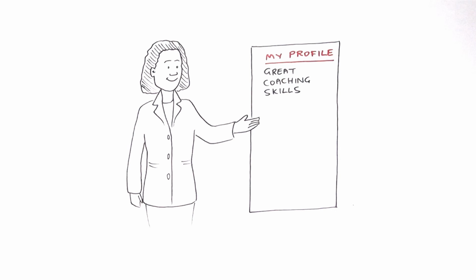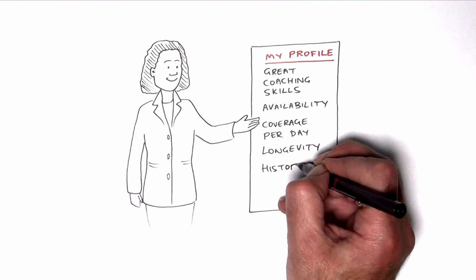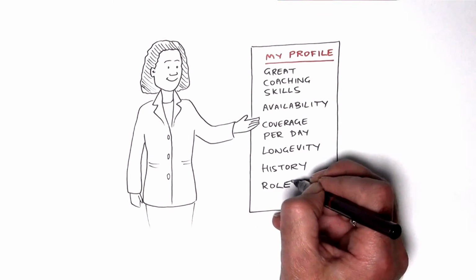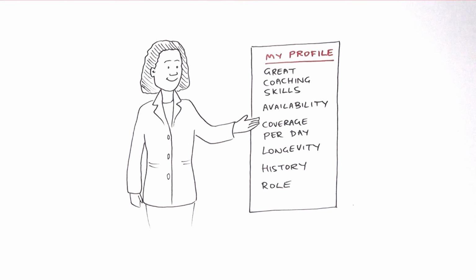We also need to consider, though, their availability, how frequently we could take them out of the business and get them around the teams, their coverage, how mobile they are and how many people they can actually get to speak to on a daily basis, their longevity, their history, their role. Are they a manager and leader already? And does it fit naturally into their role?